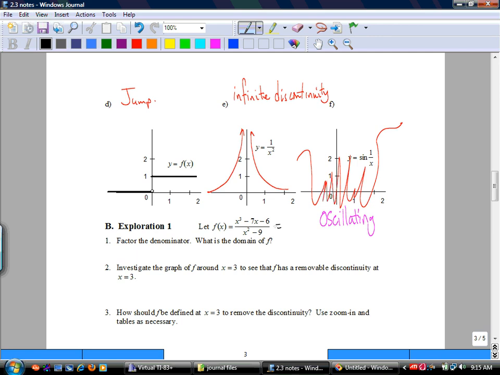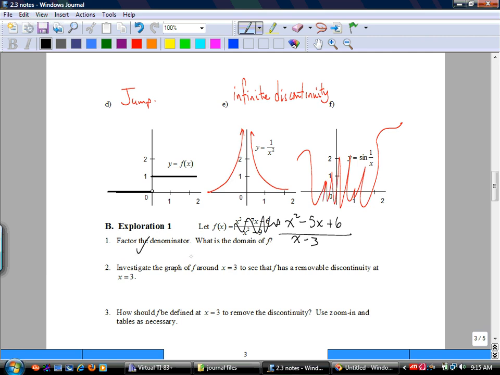Oh, what is it? Oh, okay, I made the question easier because I didn't want to waste time. Minus 5x. Okay, factor the denominator. Hey, it's done.